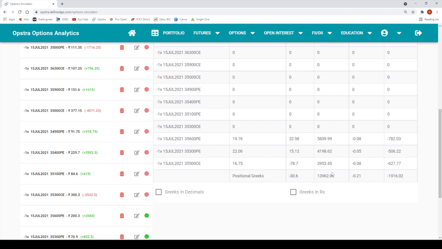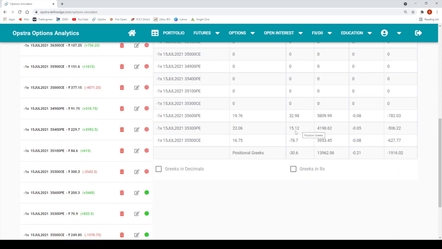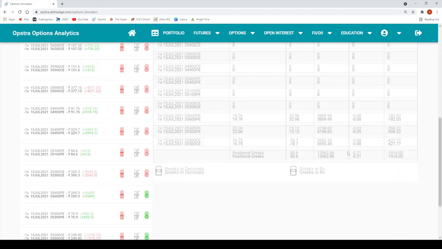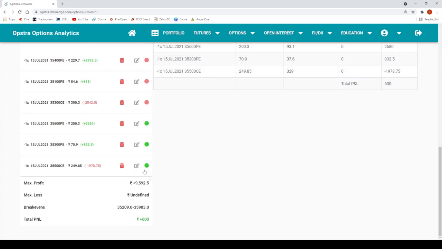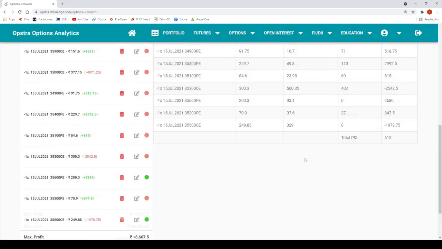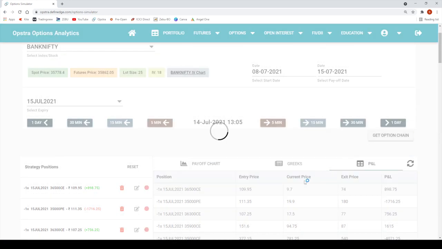So 30 mismatch. Again what we are going to do? We are going to close 35,300 put and shift to at the money. Okay, I am going to close 35,300 put, which is trading around 37, and get the option chain.